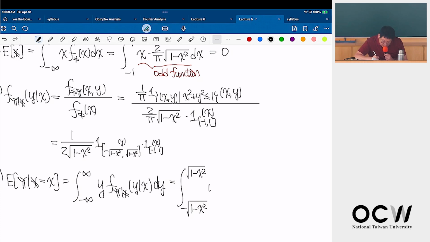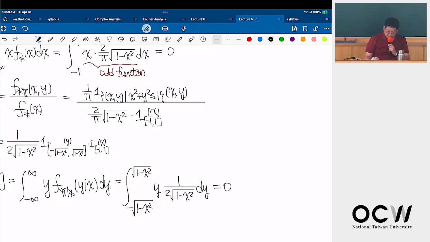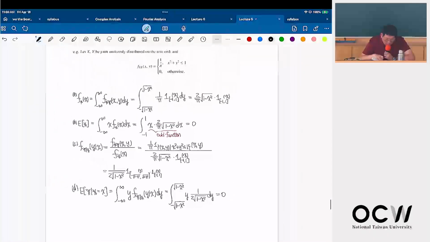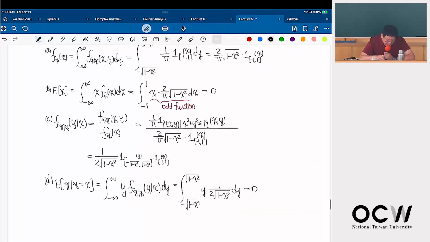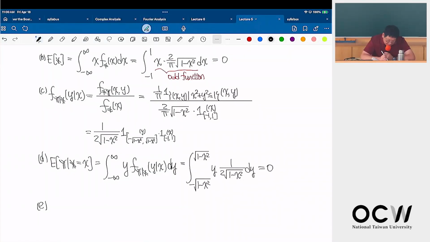So y times 1 over 2 times square root of 1 minus x squared dy. That's 0. And through this example, you can see that actually x and y are not independent because you cannot separate the joint PDF into the multiplication of each marginal PDF.